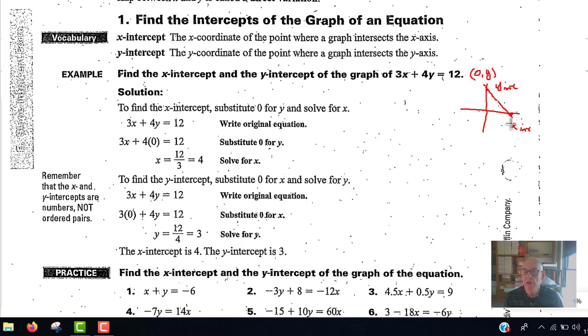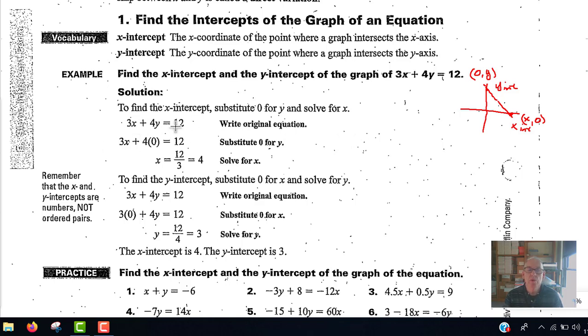And for the x-intercept, x is the first coordinate, which is the sideways move, but it's actually up 0, so 0 is in the y position. So if you substitute a 0 in for y into an equation and solve for x, you have the x-intercept. And if you put a 0 in for x and solve for y, you have the y-intercept.